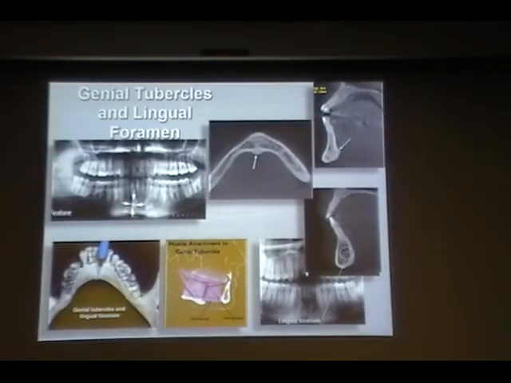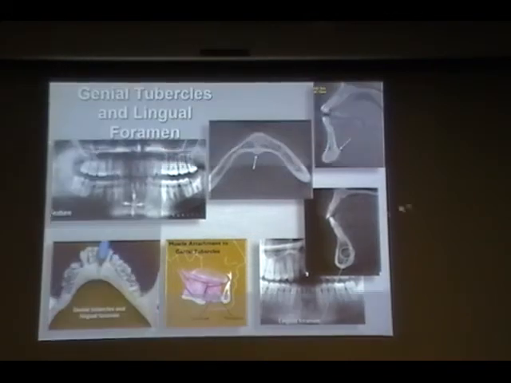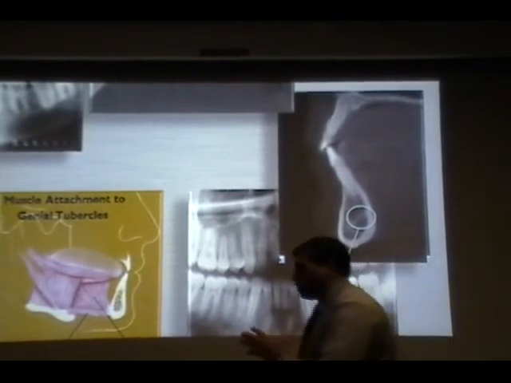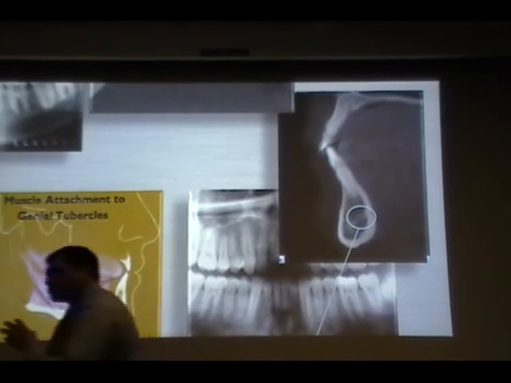Genial tubercles. Here is an example of a lingual foramen. Please look at this image carefully. Do not get confused with a fracture. That's not a fracture, but a lingual foramen. When you try to place an implant in that region, please be cognizant of the anatomy present there.